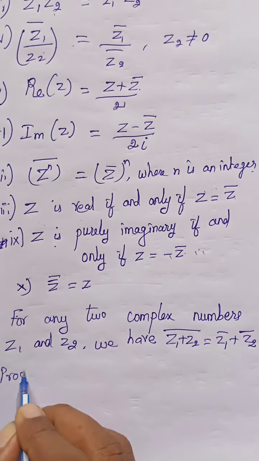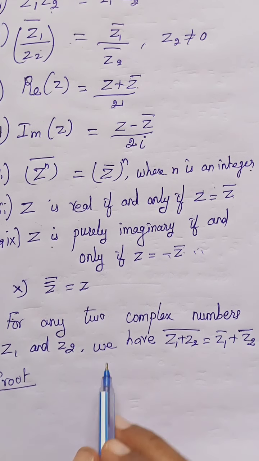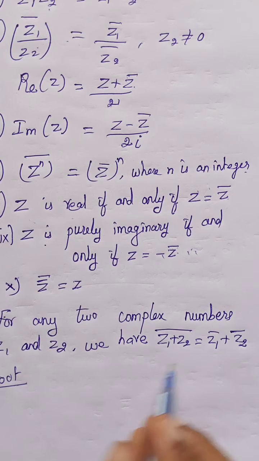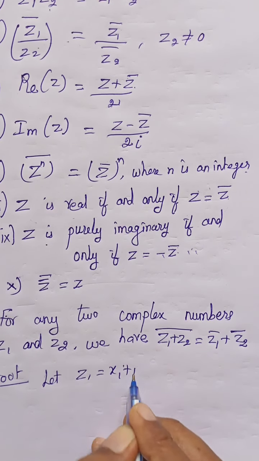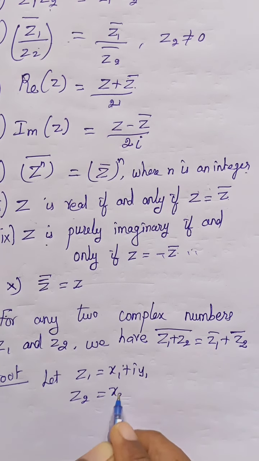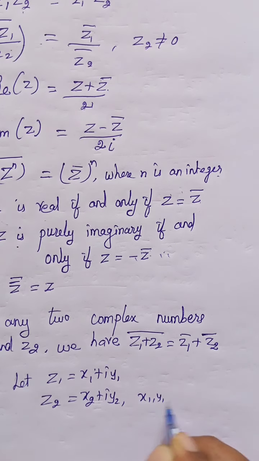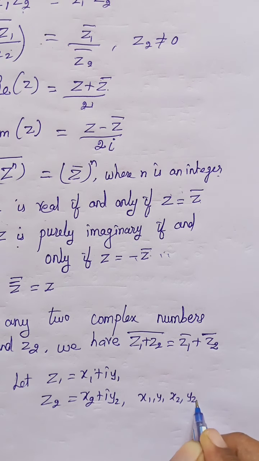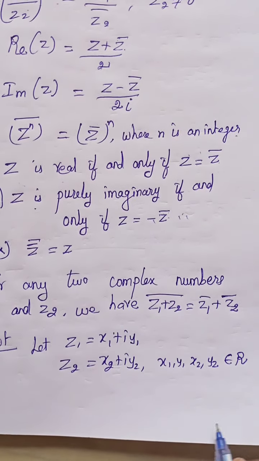This is the first one, right? For any two complex numbers z1 and z2 we have: let z1 equal x1 plus iy1 and z2 equal x2 plus iy2, where x1, y1, x2, y2 all belong to real numbers.